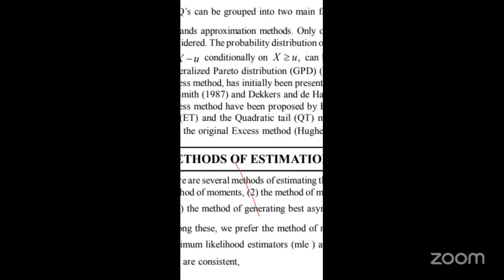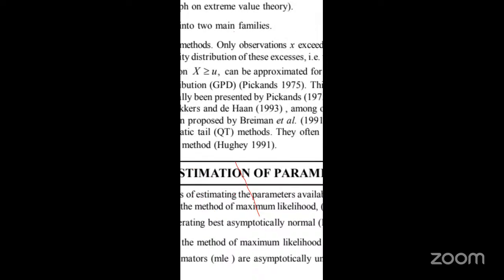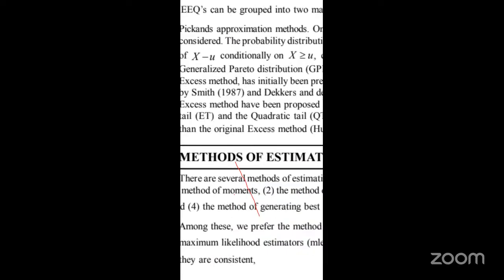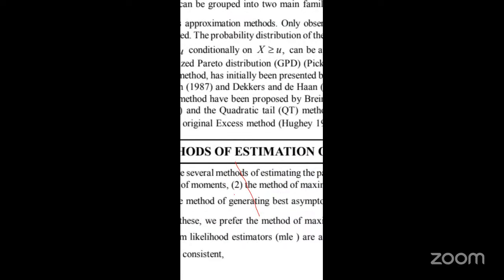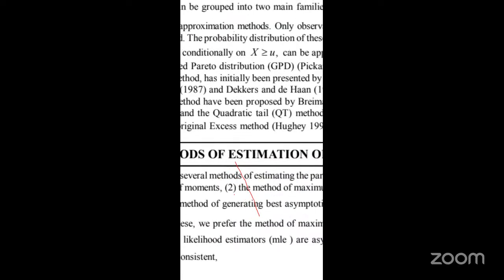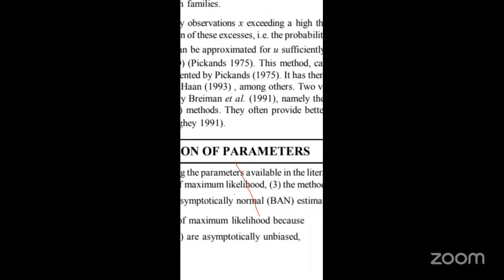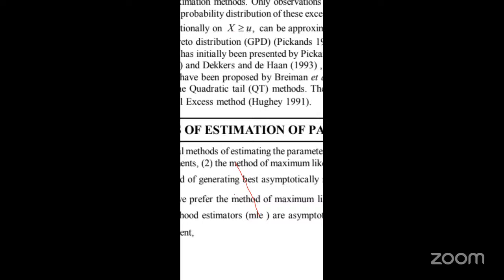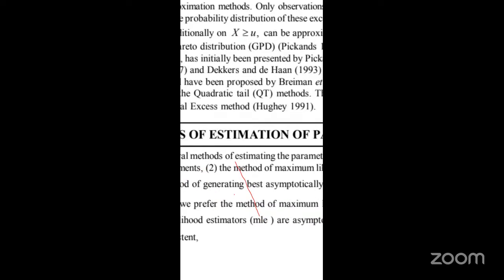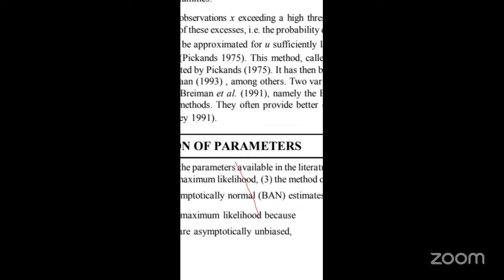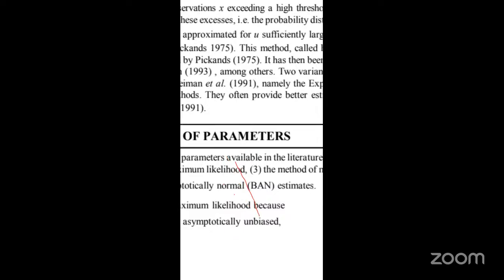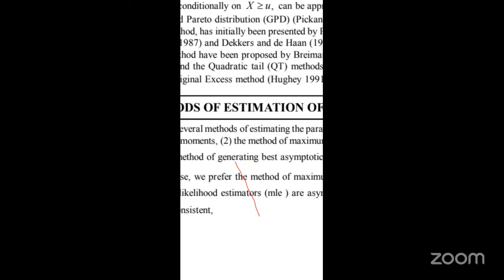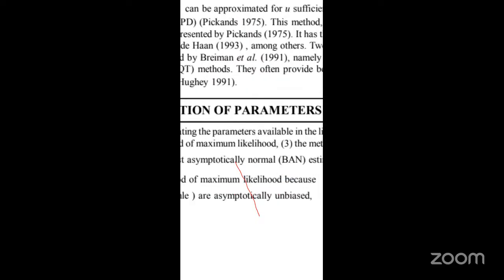considered. The probability distribution of these excesses, that is the distribution of x minus u conditionally on x greater than u, can be approximated for u sufficiently large by the generalized Pareto distribution. This method, called hereafter the excess method, was initially presented by Pickands.